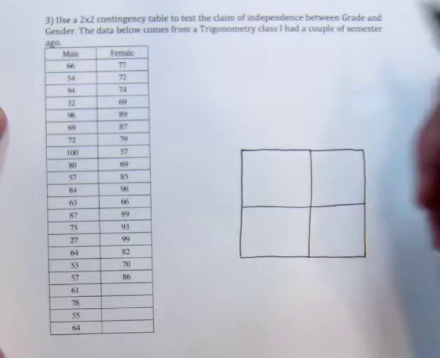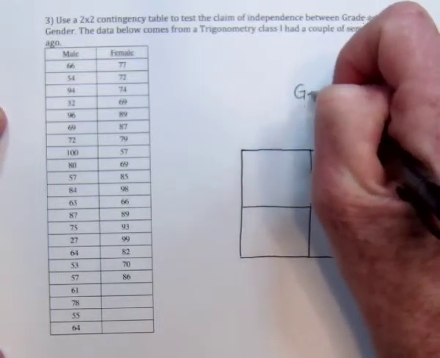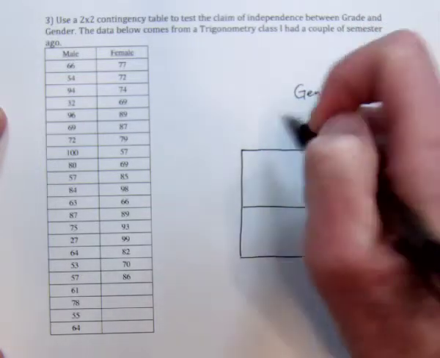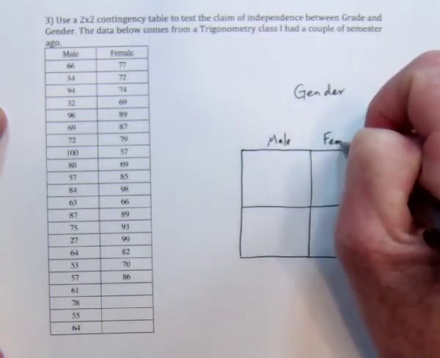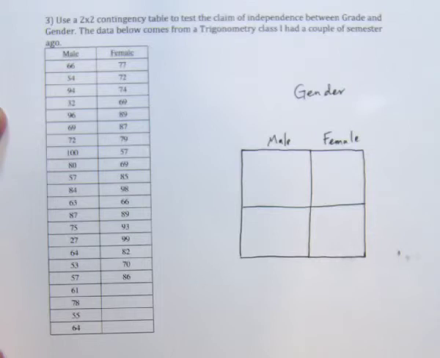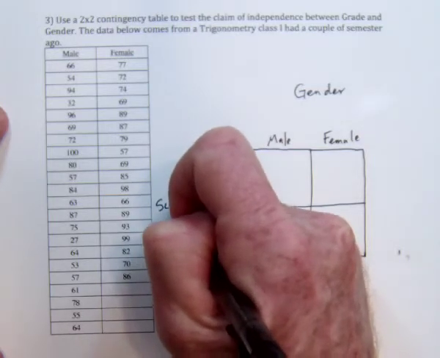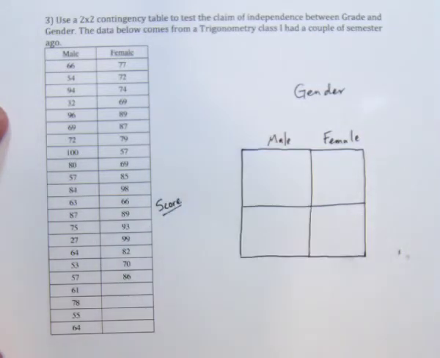So we could say over here is going to be the idea of gender. So these can be male, these can be female. And then over here, what I need to do is split up their scores. These were scores on a particular exam.